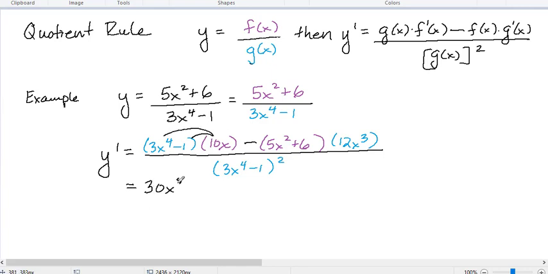That will be 30x to the fifth minus 10x. And now over here, you need to distribute the negative through, but then you also need to distribute the 12x cubed through. I find it easier, since I have the option to multiply in whichever order I want, I'm just going to move this 12x cubed to the front.